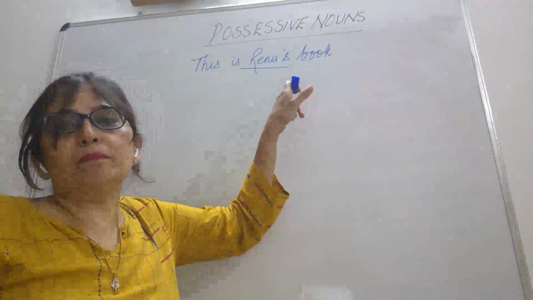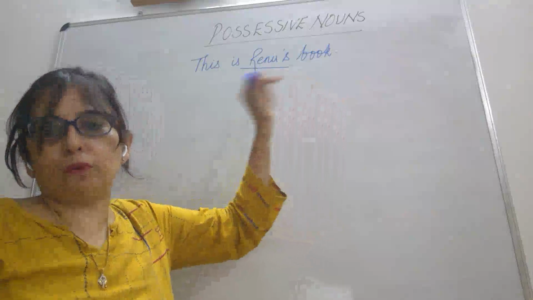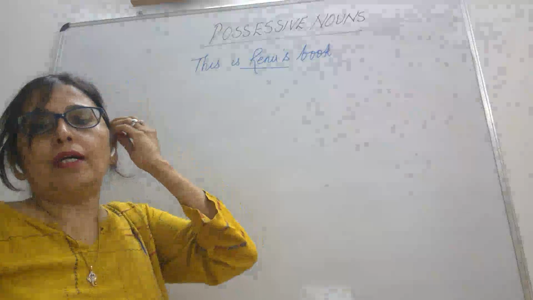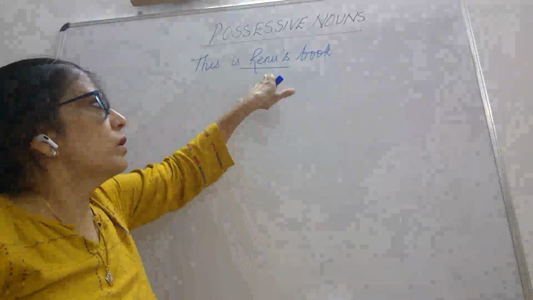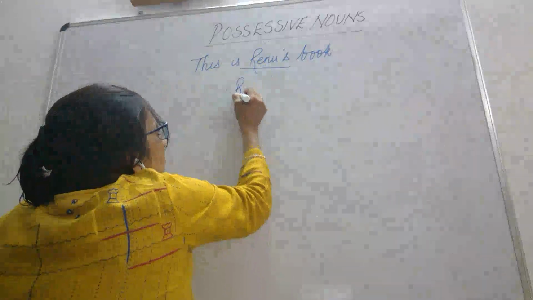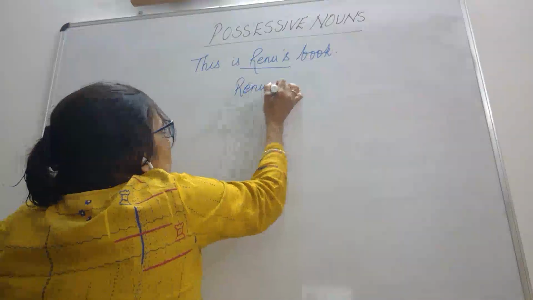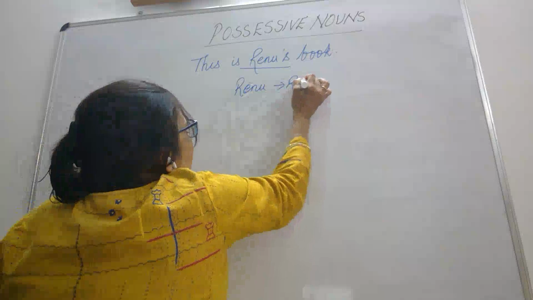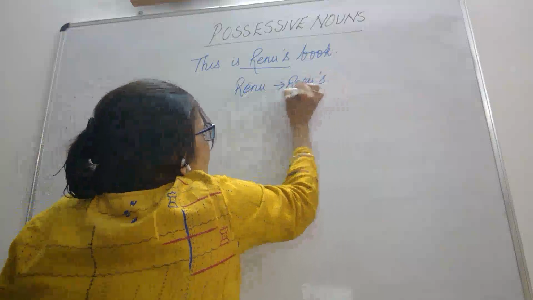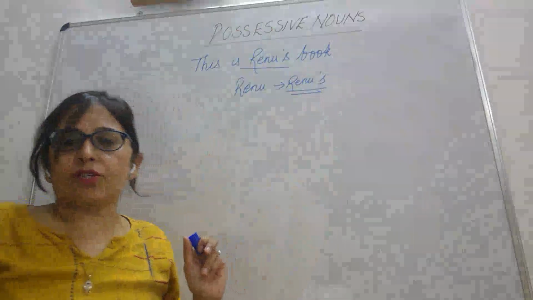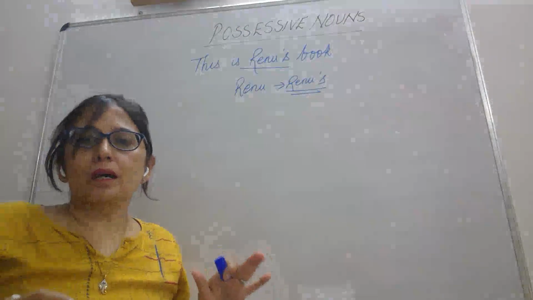So Renu has a possession or the ownership on this book. So the noun, simple Renu, when it changes to Renu and apostrophe S, it shows possession. That is, it is her book.